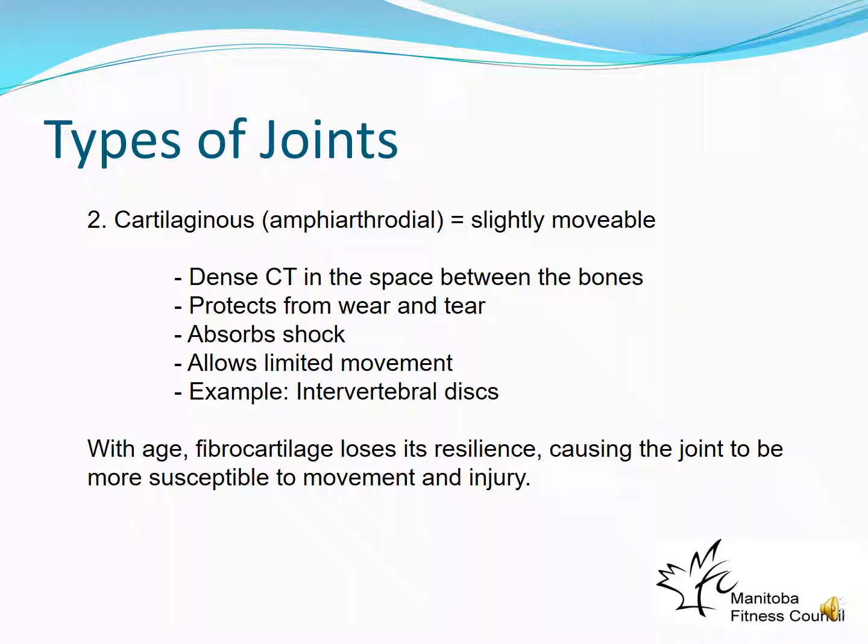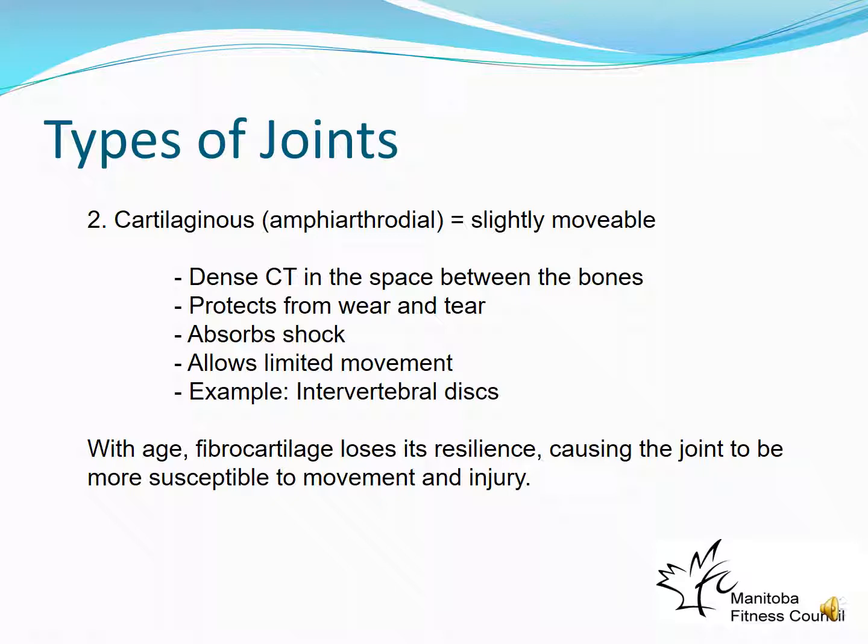So when you look at a spine from the side especially, or the front, you'll notice that you have these vertebral bodies, so this block of bone. And in between each block of bone, you have what's called an intervertebral disc. And what that actually is, is dense connective tissue in that space between the bones. Okay, so it's just kind of like a dense padding in between the bones.